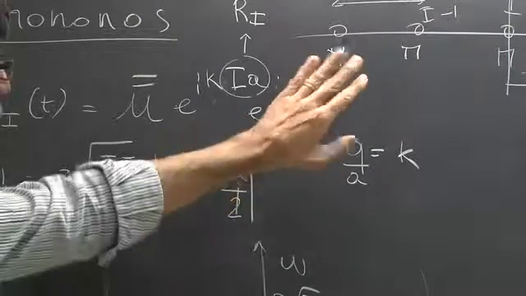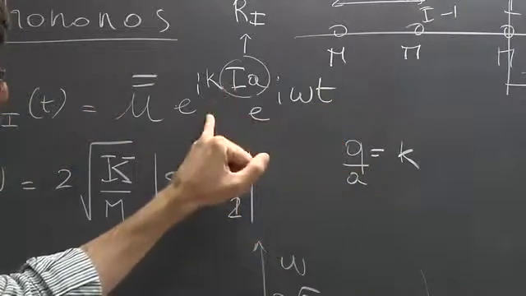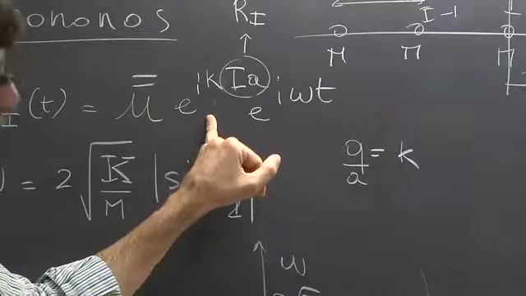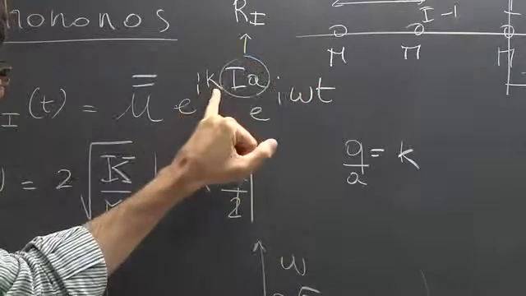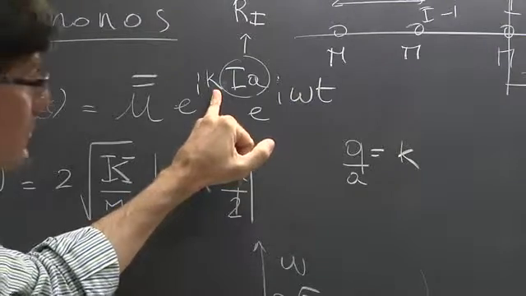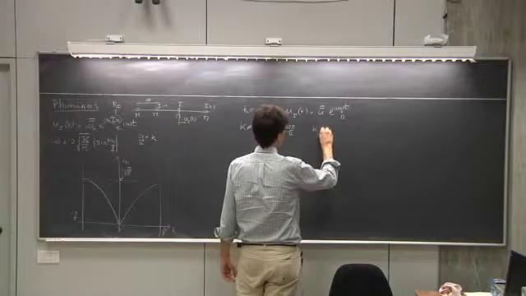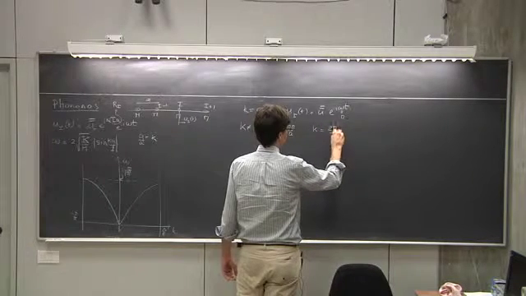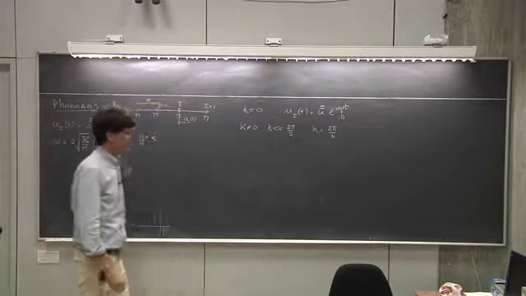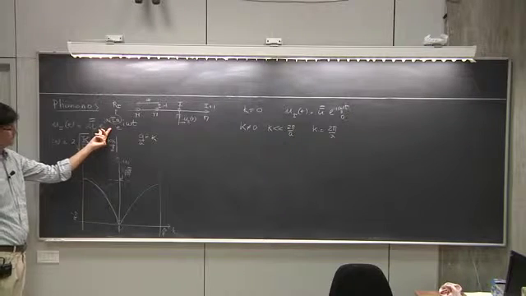In space, if you fix time, if you take a picture, you freeze time, what you see is a wave in terms of positions with a wavelength given by 2 pi over k. So I can also say that this solution corresponds to a wavelength lambda equal to 2 pi over k. This is what this phase means.